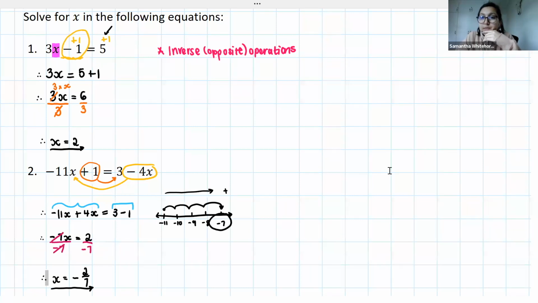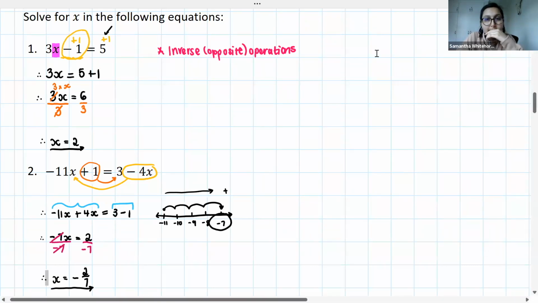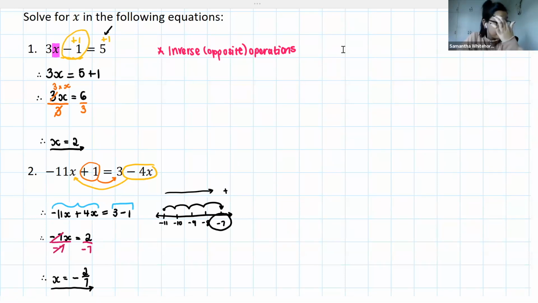Sambiso? Hello, ma'am. Hi. Ma'am, for the second part of the equation, where is 2 divided by -7? Mine, I took the 3 and put it on the left-hand side. So it was 1 minus 3, which was equal to -2. And -2 divided by -7 is positive 2.